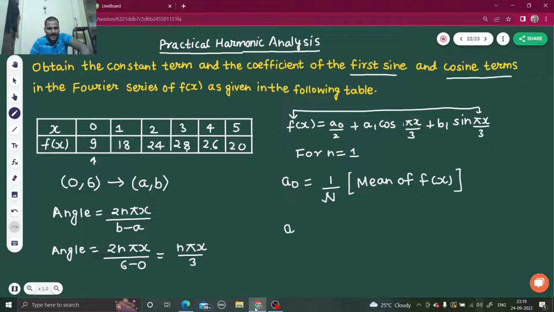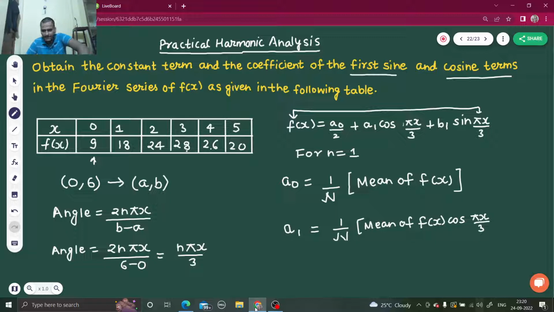Your a1 will be, an is there, but if n equals to 1, a1 will be the mean of y cos pi x by 3 type terms.